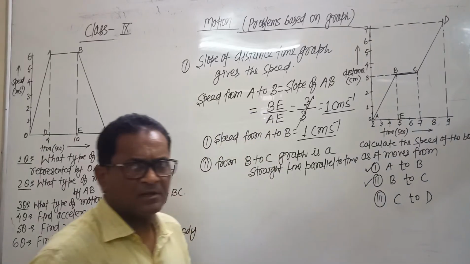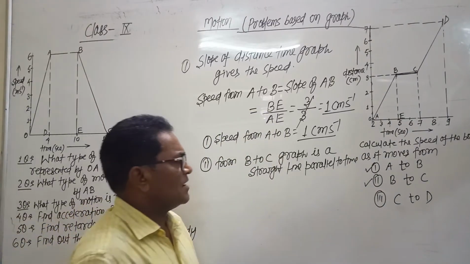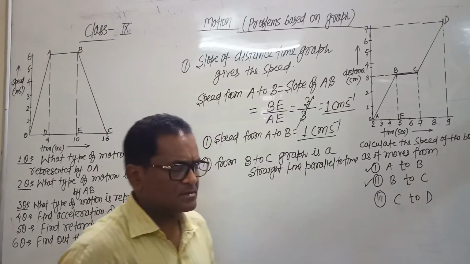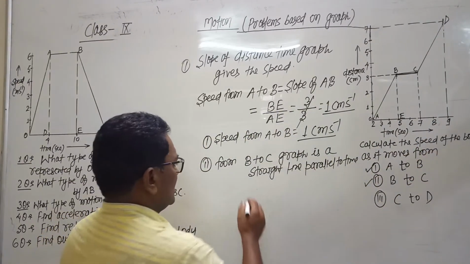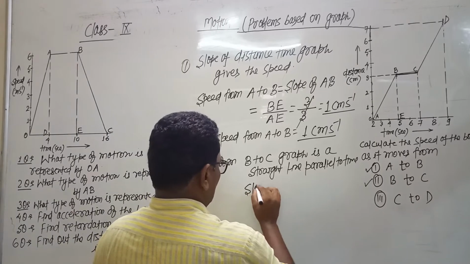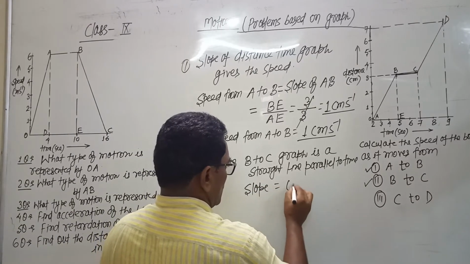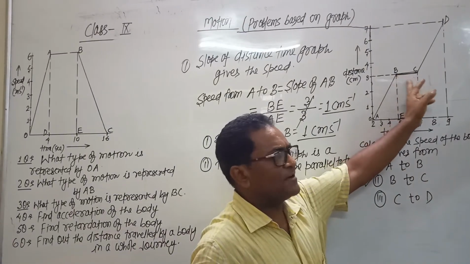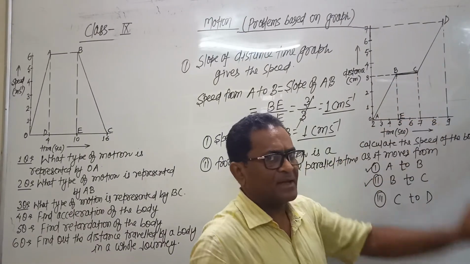And if the distance time graph is parallel to the time axis, it means its slope is 0. Why is the slope 0? Because the graph is parallel to the time axis.